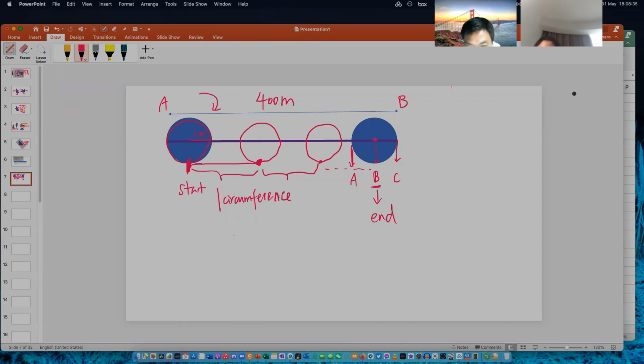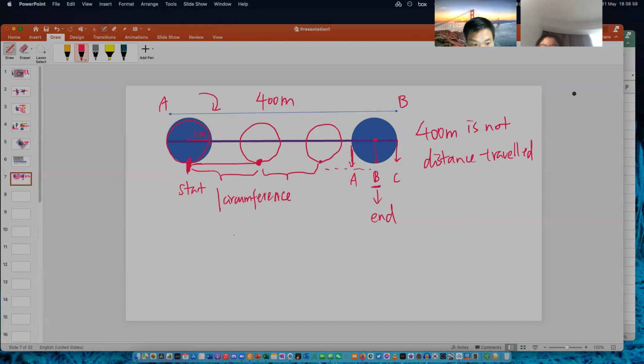And you need to know this 400 meter end to end is not the distance traveled. Some distance within this A to B is not traveled.